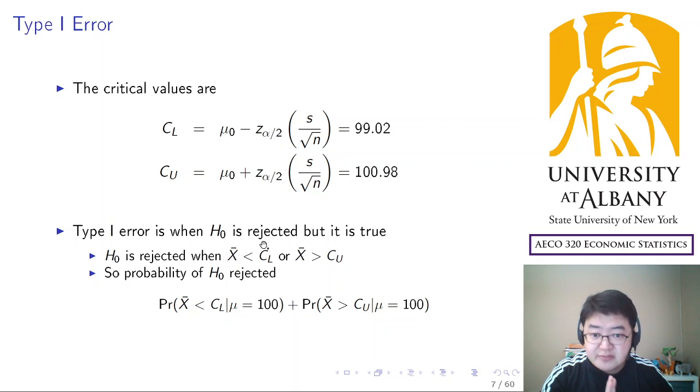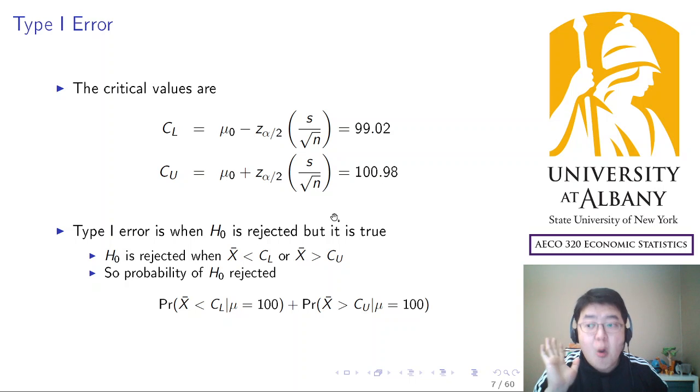And rejection happens when the sample mean is too small, smaller than the lower critical value, or the sample mean is too large, greater than the upper critical value. So this is when rejection happens, and this is when potentially a type 1 error would happen. So if you don't reject, type 1 error never happens. Type 1 error happens only when you reject, right?